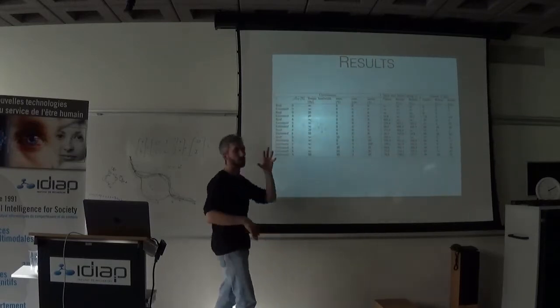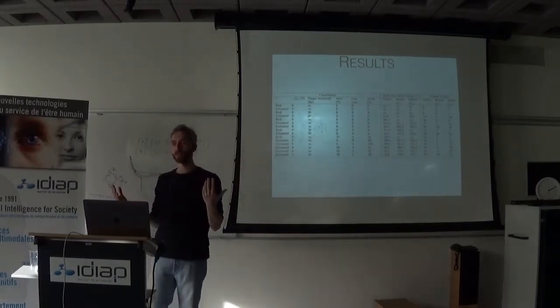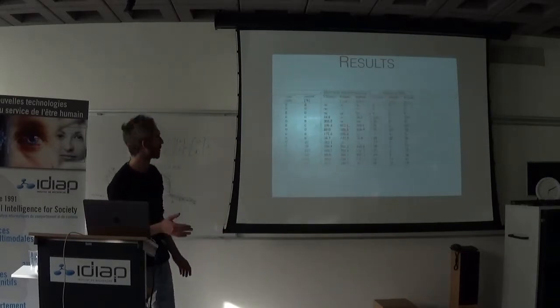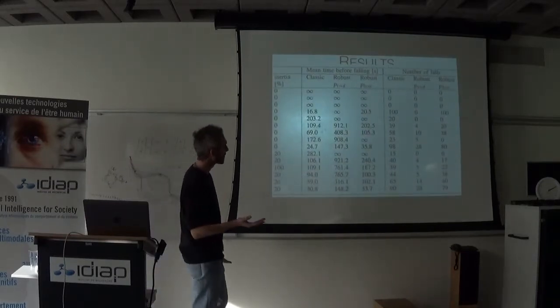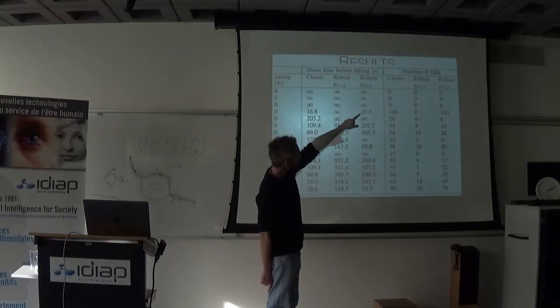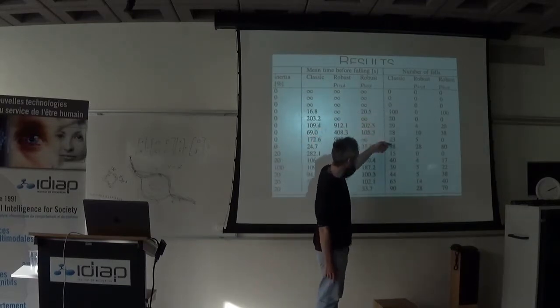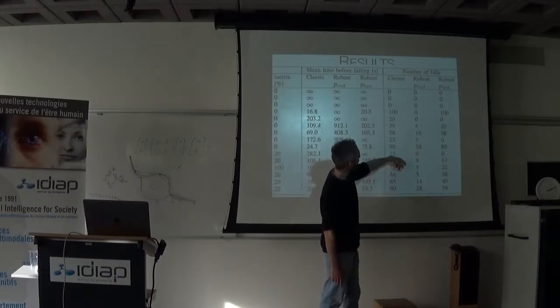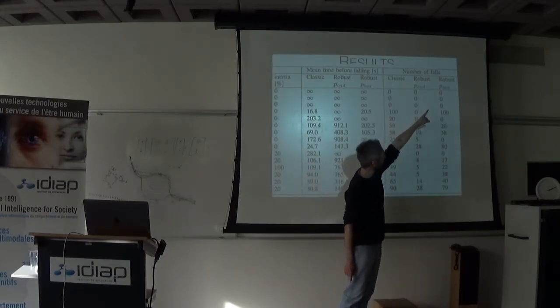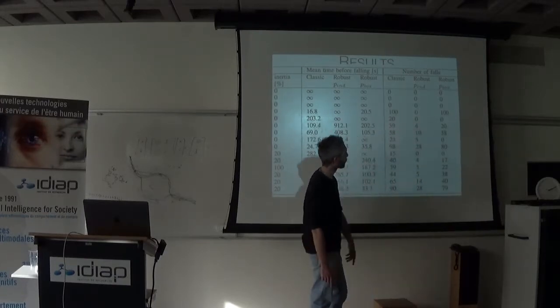And we tried different combinations of these uncertainties, but in the end, the results were always the same. If you look at the number of faults, the last 3 columns, you can see that the classic controller falls much more than the robust stochastic and the robust worst case approaches.